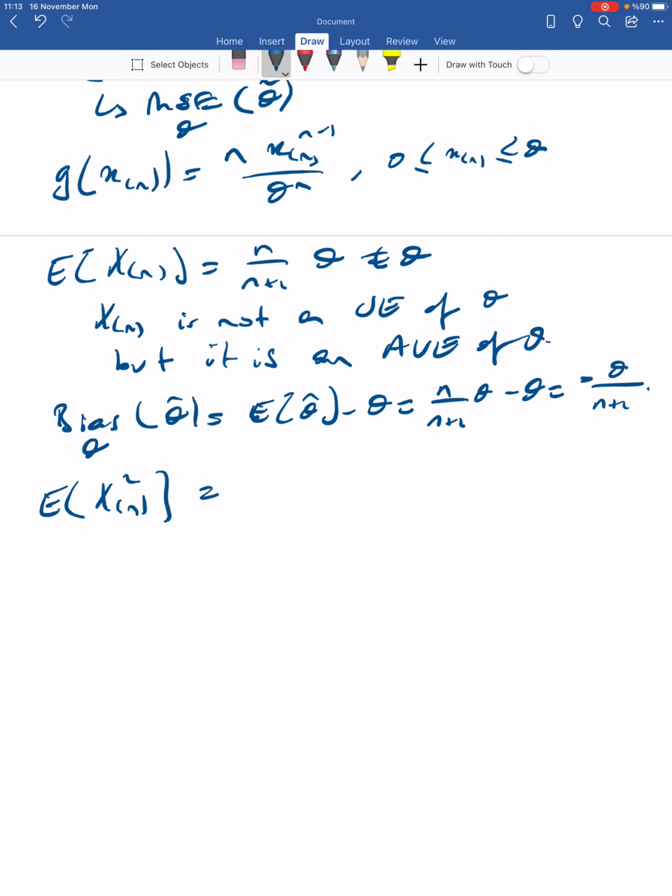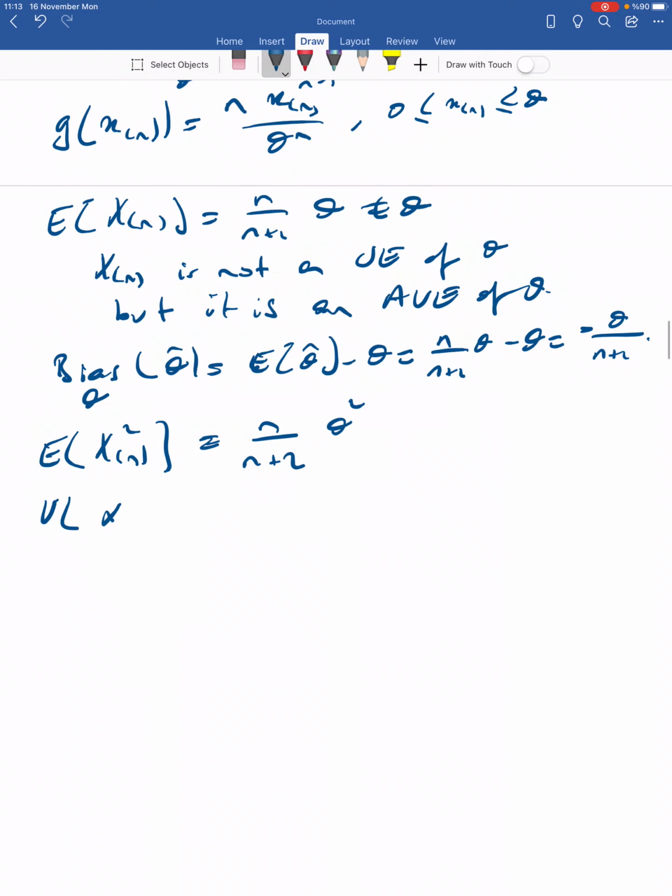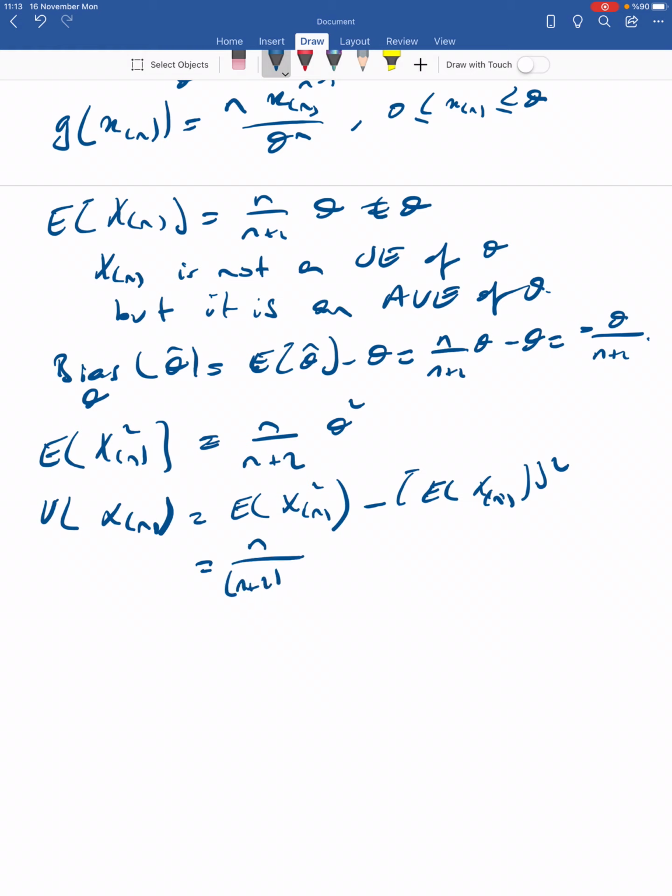If you do the calculations, you will get n over n plus 2 times theta squared. The variance is then obtained as the expected x n square minus the expected x n whole square, and we obtain the variance as n over (n plus 2)(n plus 1) square times theta square.